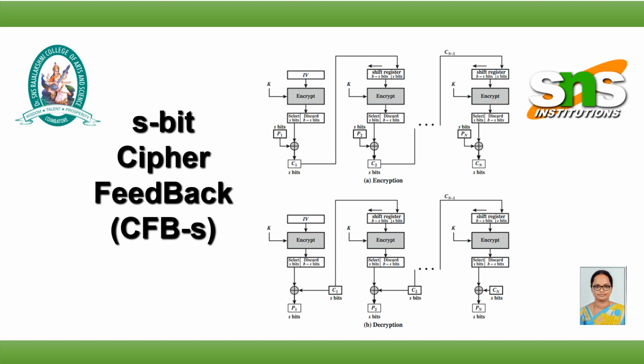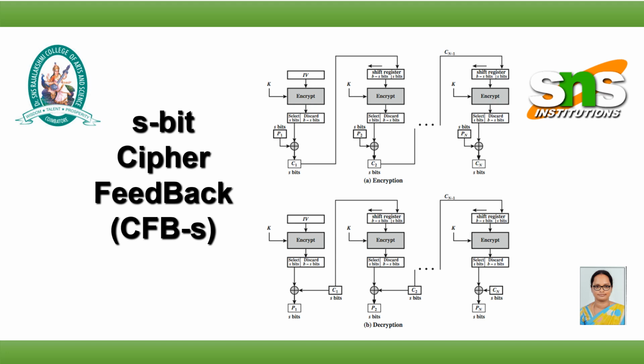This is the pictorial representation of how cipher feedback works. Here we have an initialization vector, and with that we are adding a key, so we are encrypting it. For the encryption we have to select S bits, a stream of bits, so we have to specify what kind of data will be encrypted.